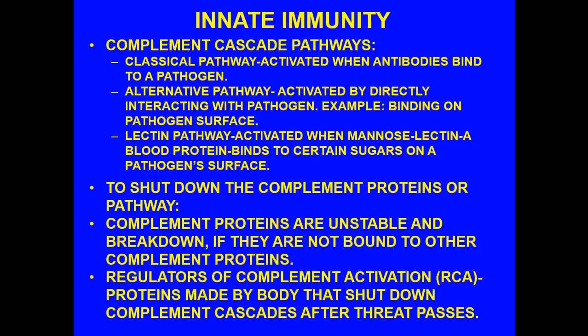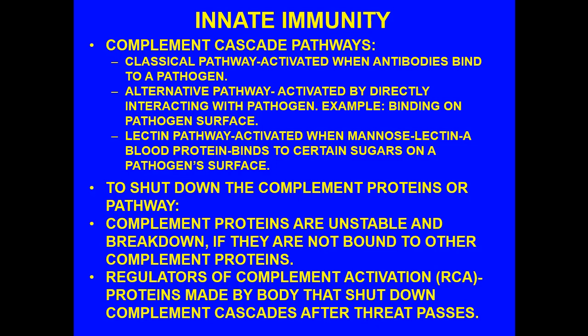You don't even have to have the antibody bind in this case, but as soon as that lectin has bound, suddenly, ta-da, we've got this cascade going. 30 proteins all play a role, and basically you just go to town and destroy the pathogen.